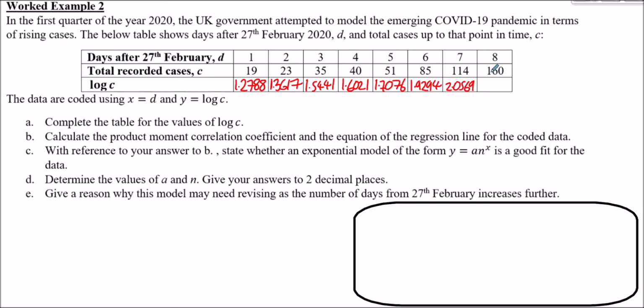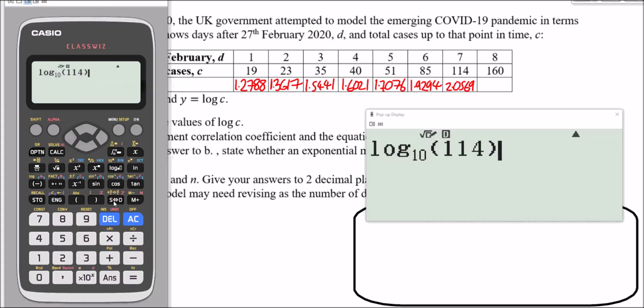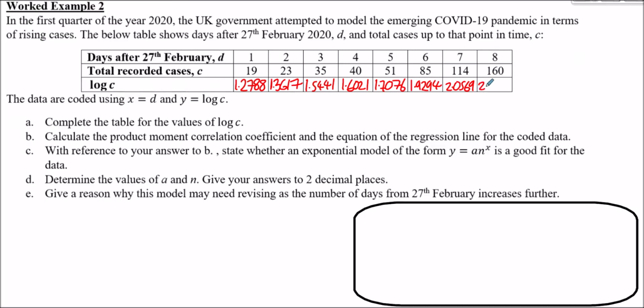And the last one to calculate, log of 160. That gives us 2.2041. So that's part A done. We've done the table. So part B, you need to calculate the product moment correlation coefficient and the equation of the regression line for the coded data. So let's have a think about part B next.